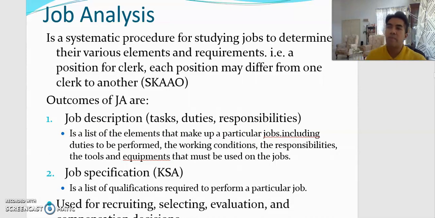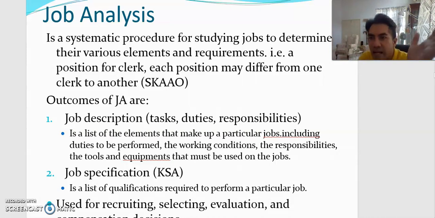For example, maybe you need to have a degree, or a certain qualification. If you want to become an engineer, you must have qualifications in the engineering field. If you want to be a house designer, for example, you must have a qualification in architectural design. Those are the qualifications.